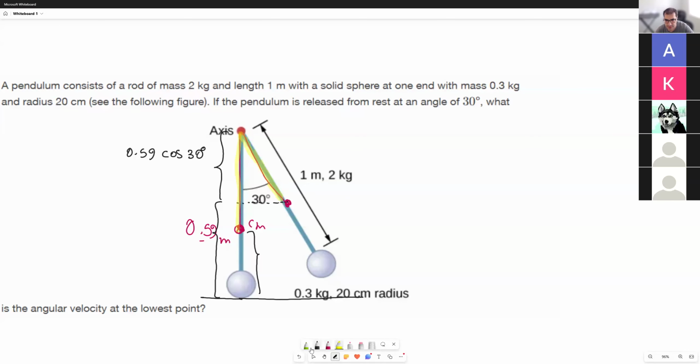And this is the path of the circular motion of the center of mass. These two highlights are exactly the same. And then, I look at this triangle to find out 0.59 cos 30.